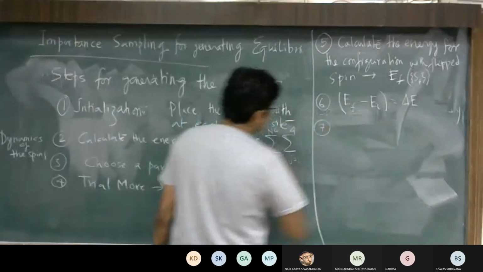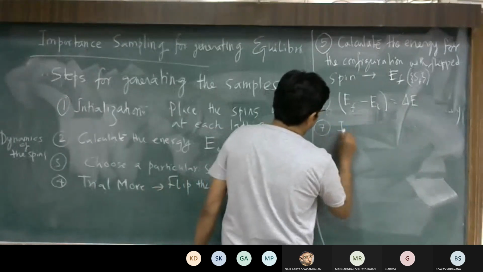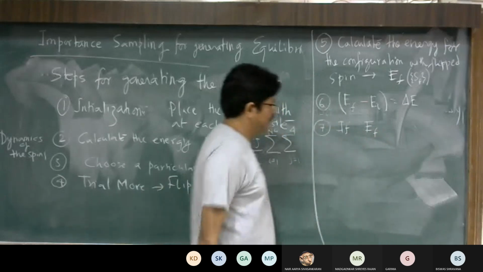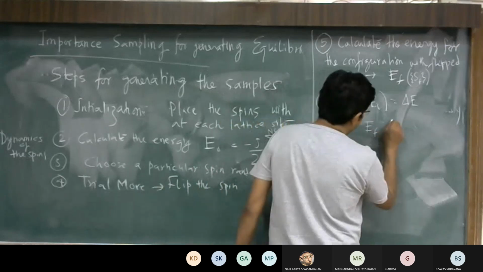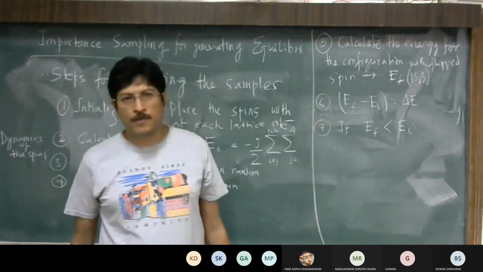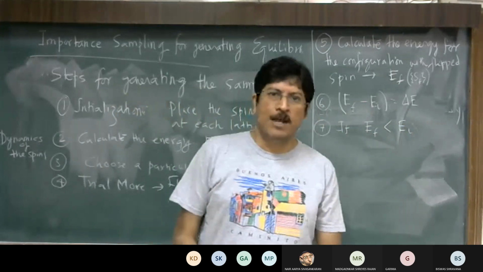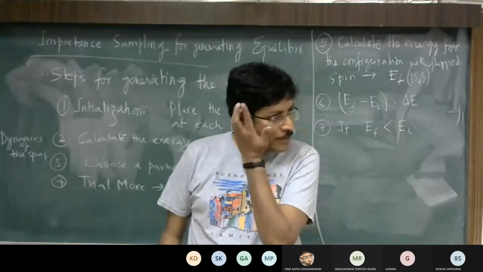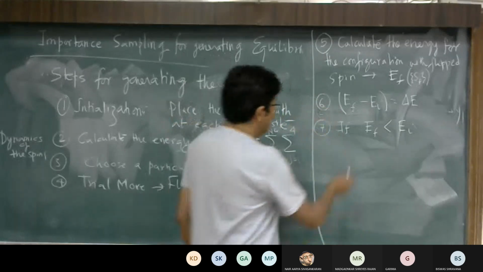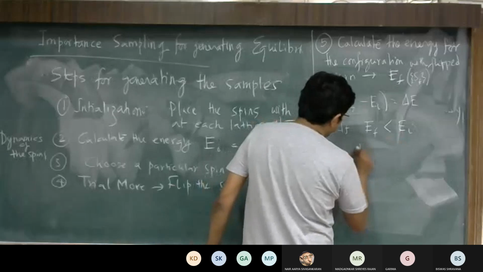And then, if your final energy EF is less than the initial energy, that means after flipping the spin, if the energy that you calculate for the system is lower than the previous configuration, then you accept the move.